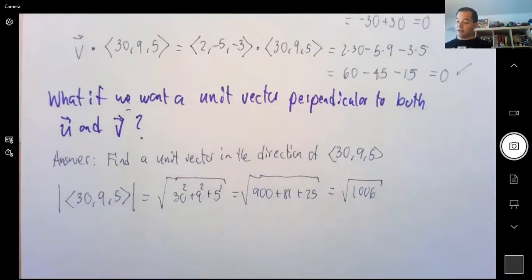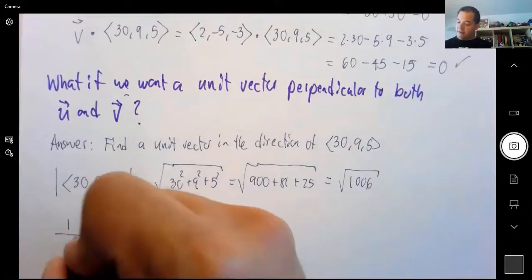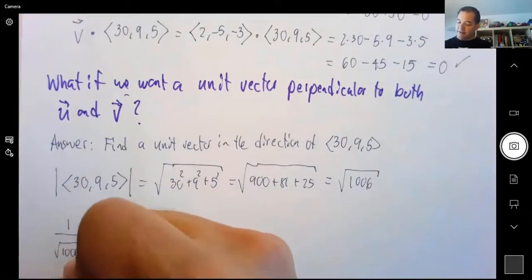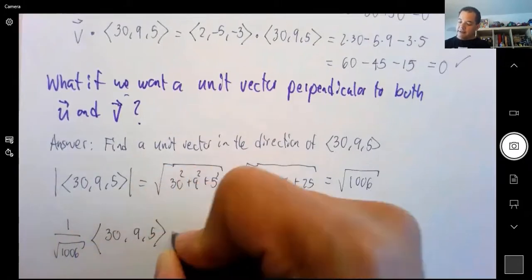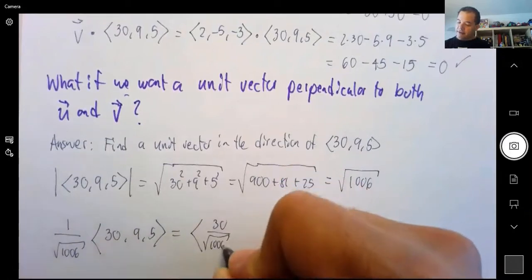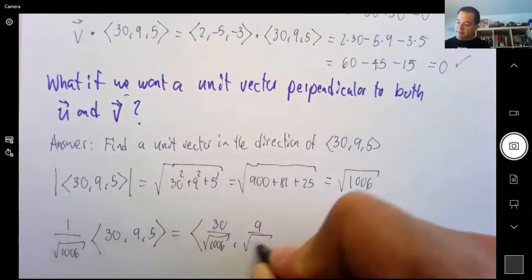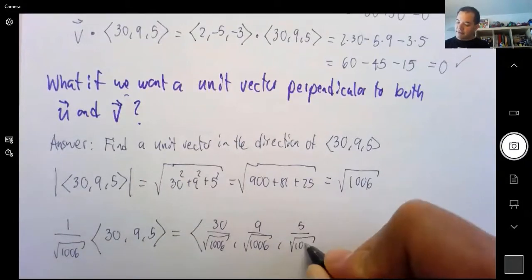But then what is the unit vector I want? Here it is: 1 over the square root of 1006 times the vector <39.5>, which is 30 over the square root of 1006, 9 over the square root of 1006, and 5 over the square root of 1006.